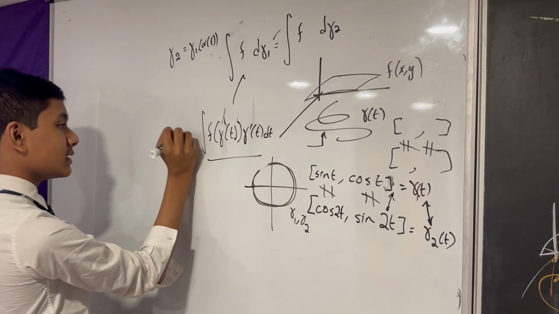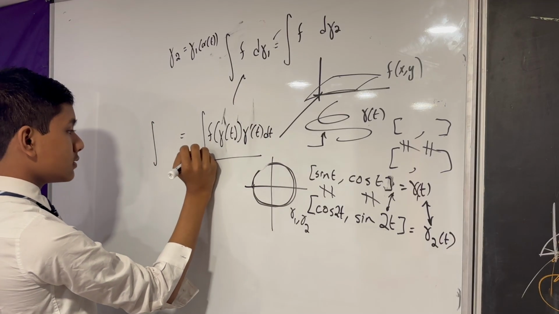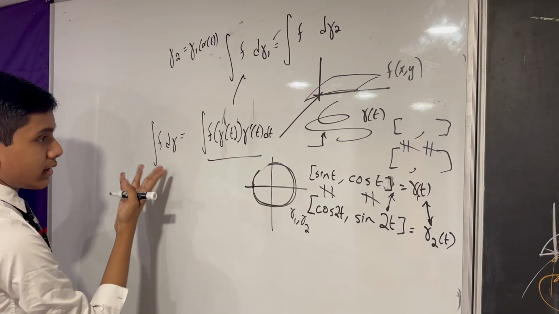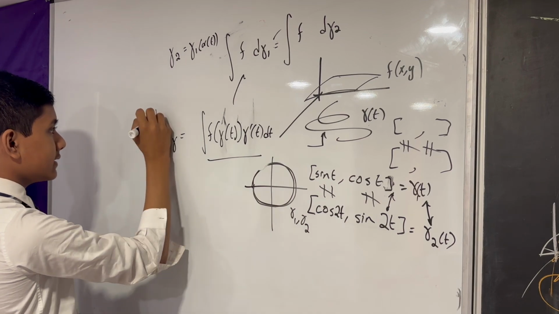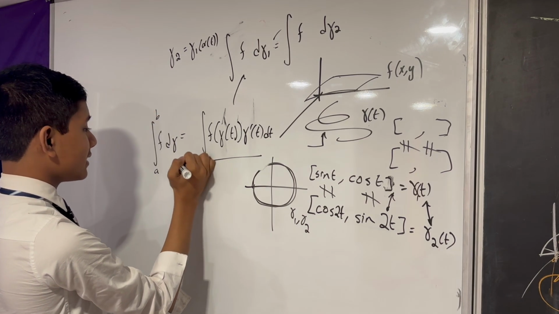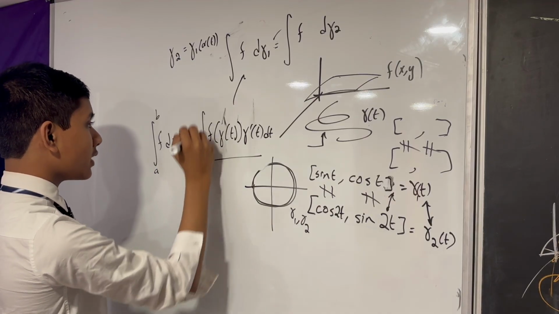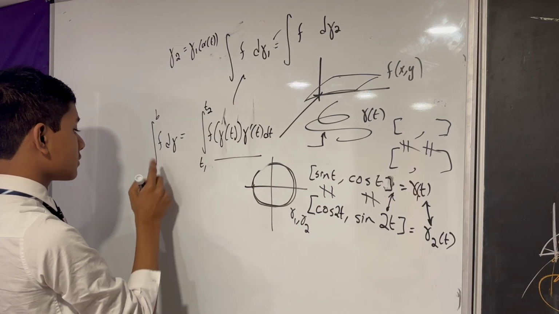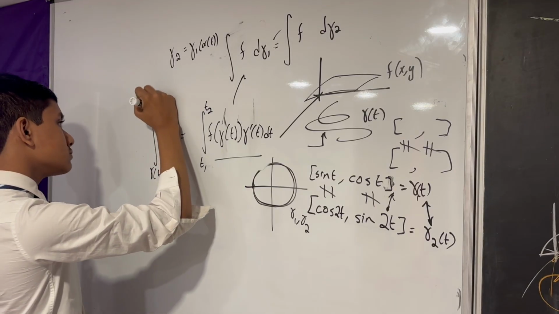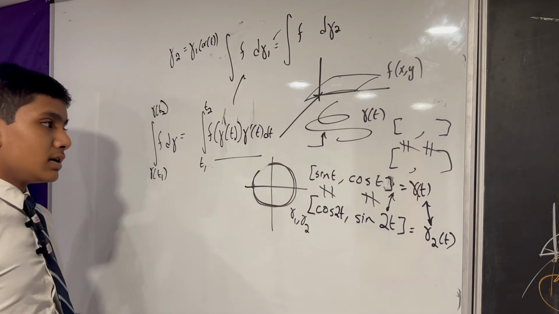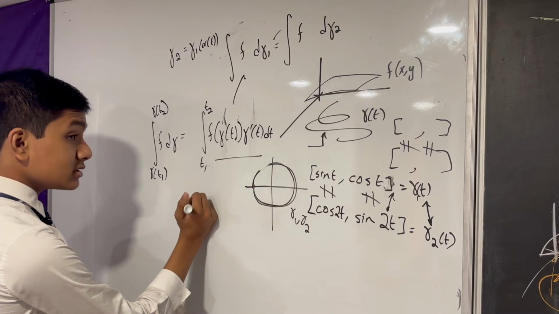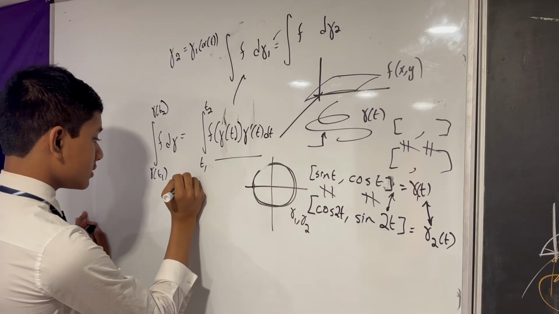That is a line integral over gamma. And whereas this is from a to b, this is more like, say, gamma inverse a, gamma inverse b, or t1 to t2.